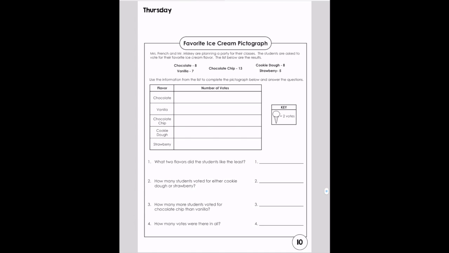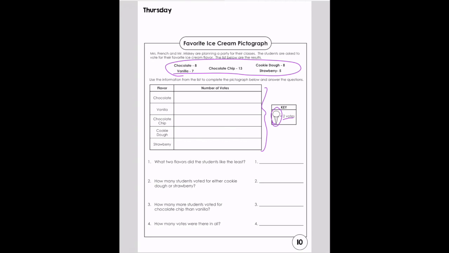All right, next, you're going to now plot this data inside this graph, okay? So we know that each ice cream cone is worth 2 votes. All right, so the question was, Mrs. French and Mr. Miskey are planning a party for their classes.